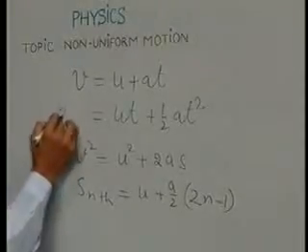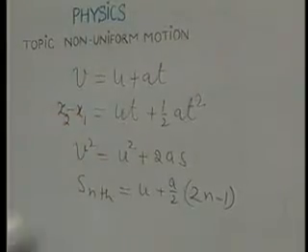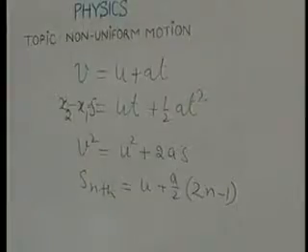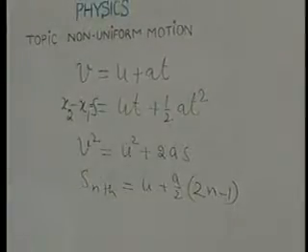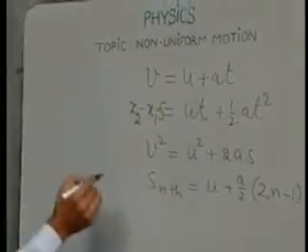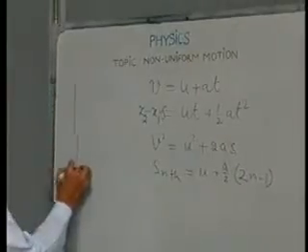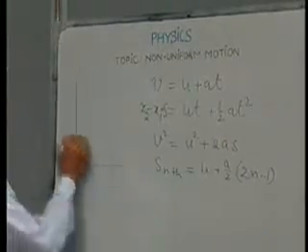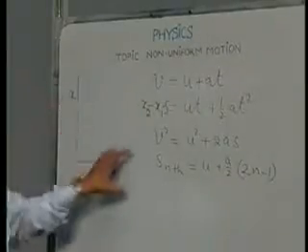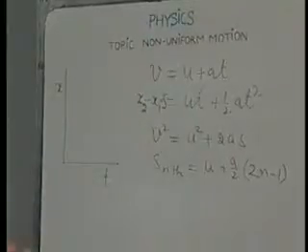Now, if we look at the equations, from these equations we can find the xt diagrams also. S is equal to x2 minus x1 as we had seen earlier. Now, if we plot a graph between x and t, xt graph for non-uniform motion.